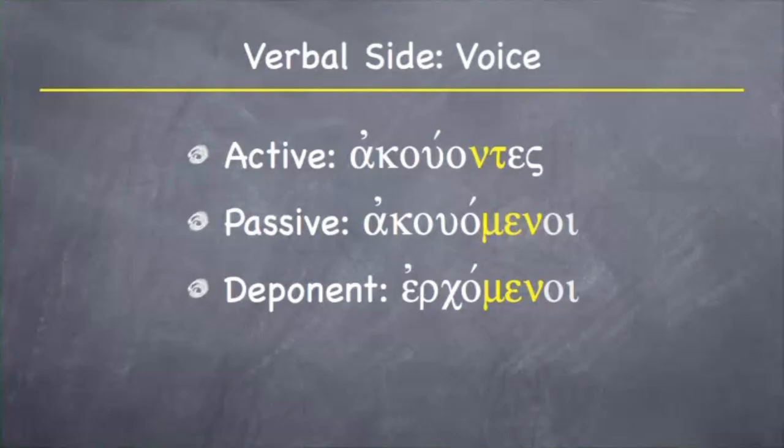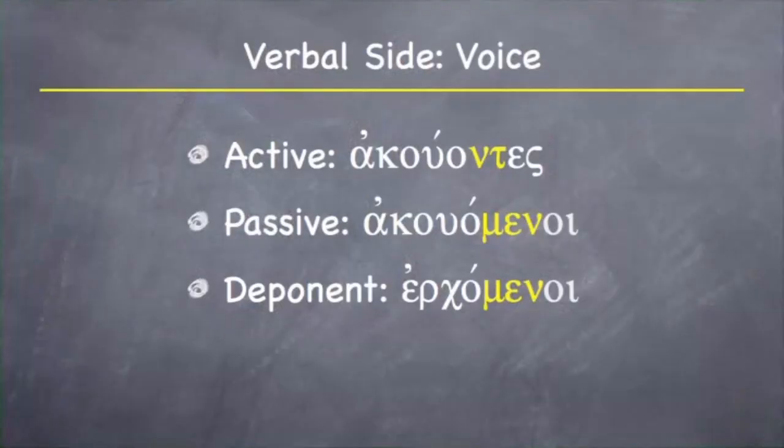So you have akouon, that nu tau tells you that this is a present active participle. But if you came across a form, akouomenoi, that men, or the mena, I guess actually, would be telling you that this is a middle passive participle. When it comes to the issue of deponency, remember that deponency is an issue of tense stem, not anything else.